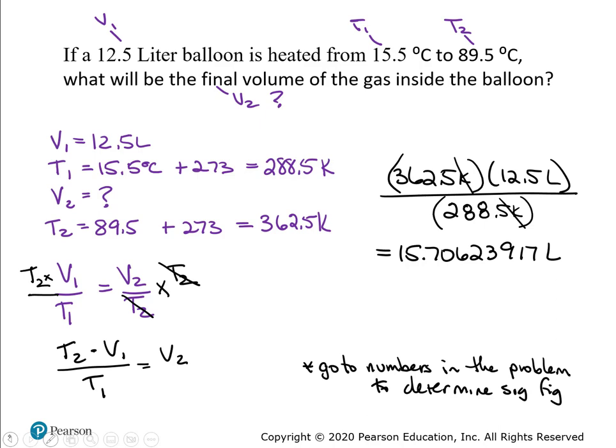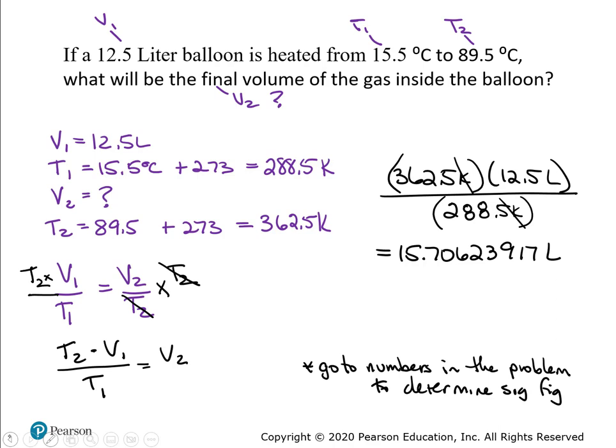So in reading it, 12.5 liters is V1. T1 is 15.5 degrees Celsius, and I have to add 273. V2, I don't know. But T2 is 89.5 degrees Celsius, and I have to add 273 to that. So first identify what my units are, what I know, and which one I don't know.